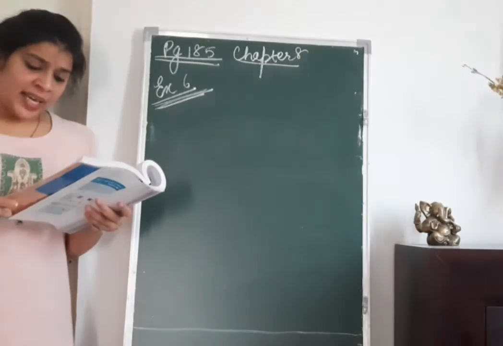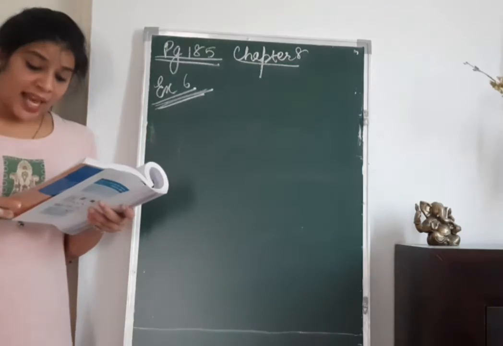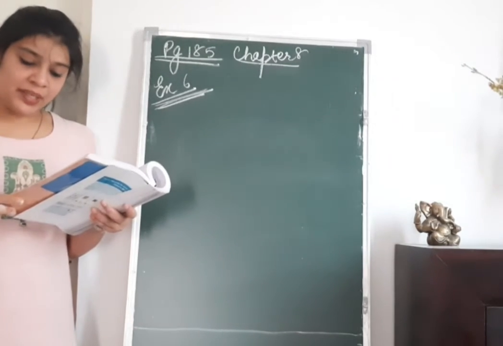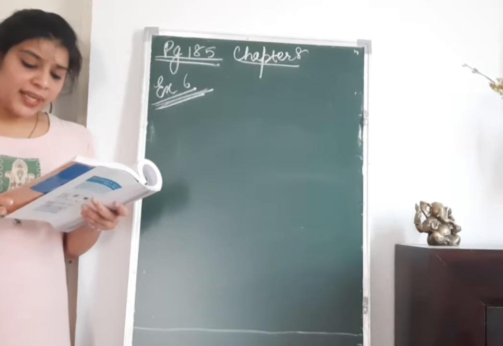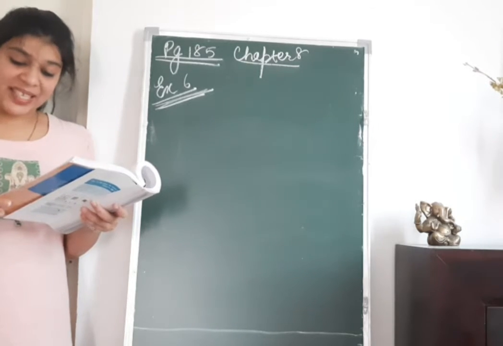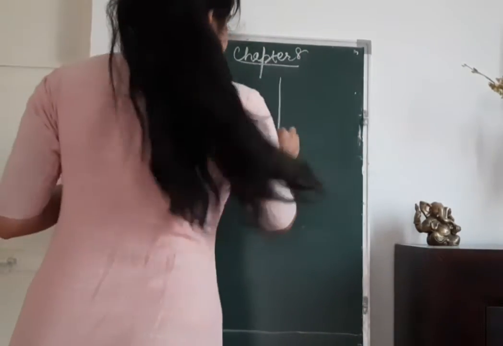Example 6. In triangle ABC, right angle at B, AB is equal to 5 cm, angle ACB is equal to 30 degree. Determine the length of sides BC and AC. So basically what are the things which are given to me?